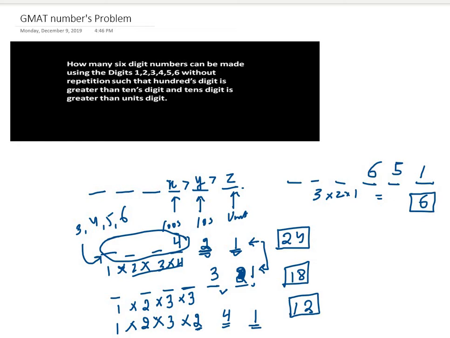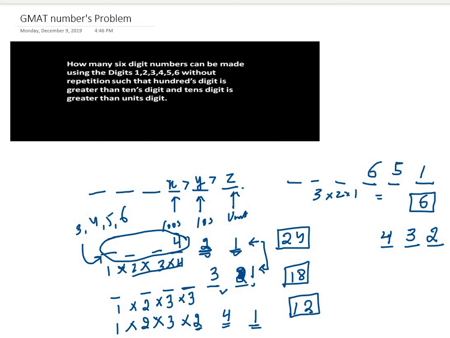So now are we left with any more cases? Yes. Now with unit place 1, all the cases are covered. Now let's change the unit place, which is z, to the value 2. If this is 2, the 10th place is 3 and the 100th place is 4.